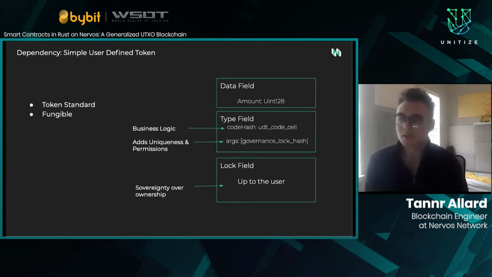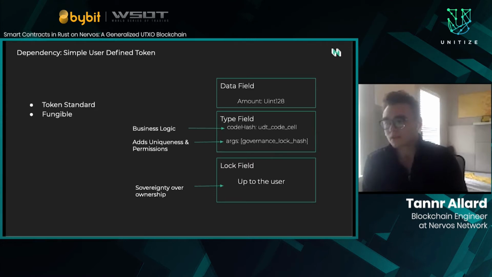So if a cell is a token cell, then the data field is storing the amount of that particular token in the cell. And then the type field here, of course, the code hash references the UDT code cell, which, remember, is what I'm calling a cell that contains the verification code, right?